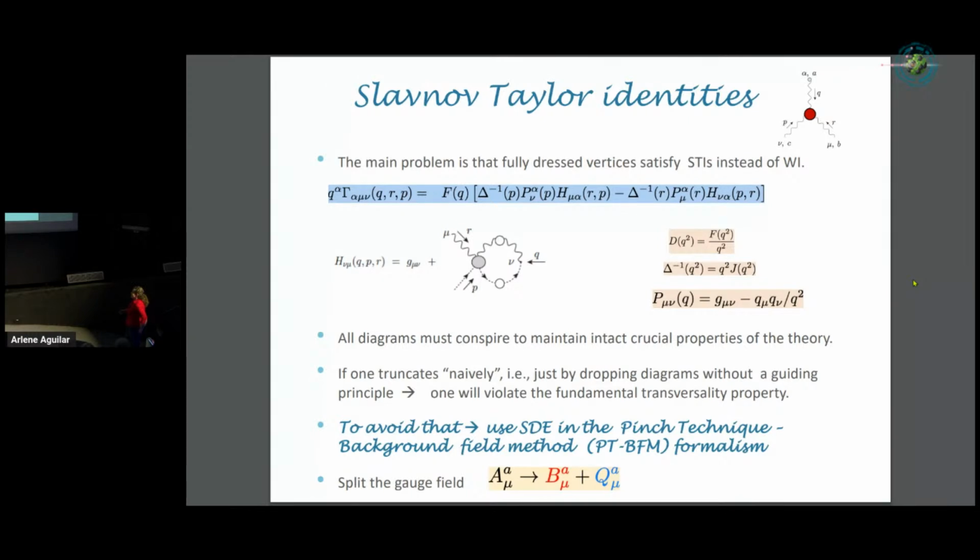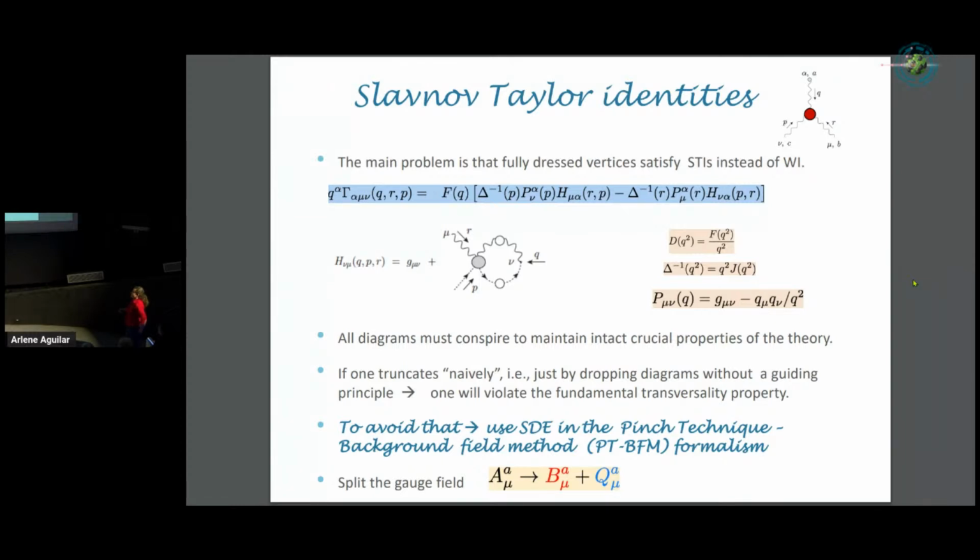And what you do in this formalism, in a very fast way, is basically split the gauge field into a background component plus a quantum component. The background is going to respect an abelian gauge transformation, and the quantum component is going to transform as a non-abelian transformation.